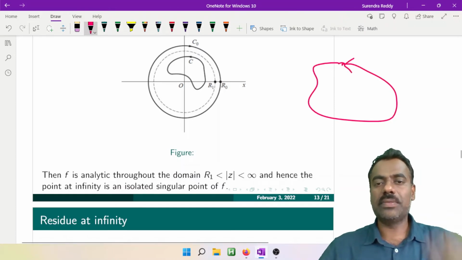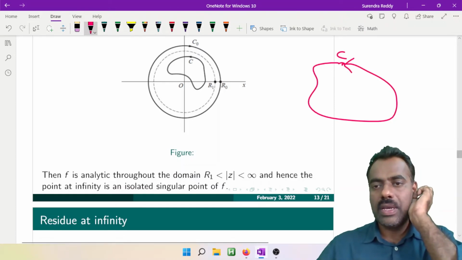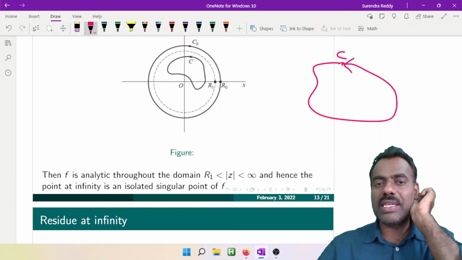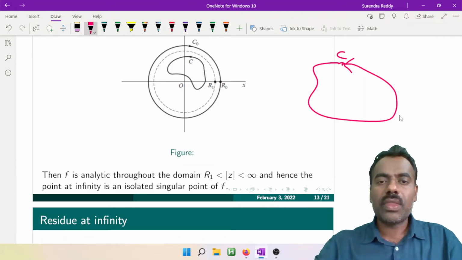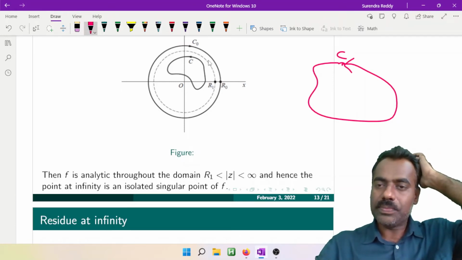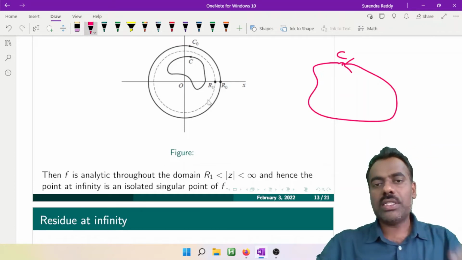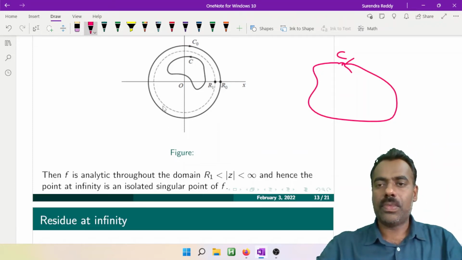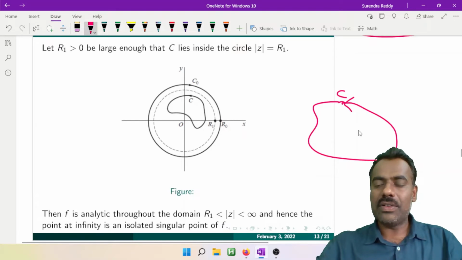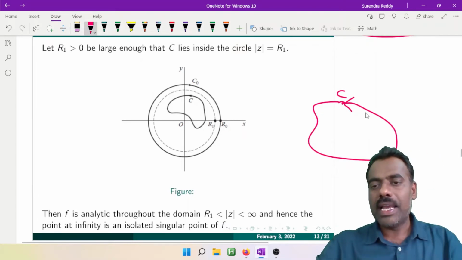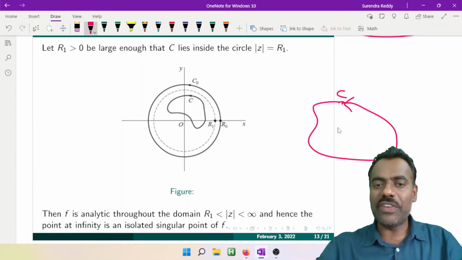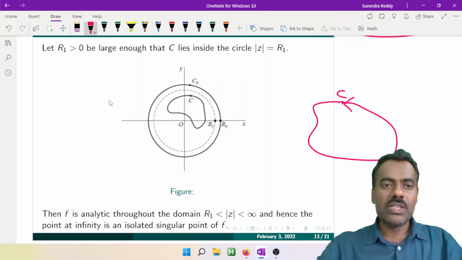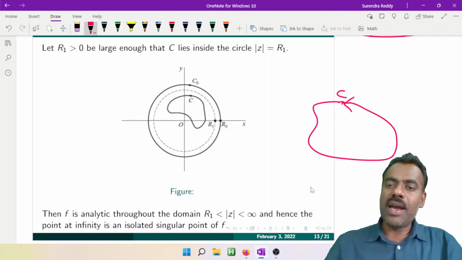Now what we can do is take a circle which encloses this C. Because f is analytic inside this C except at only finitely many points, we can take R1 large enough.